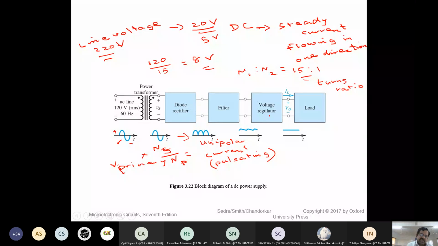So with that knowledge, we will only focus on the rectifier. That's the main thing. So let us focus on our rectifier.